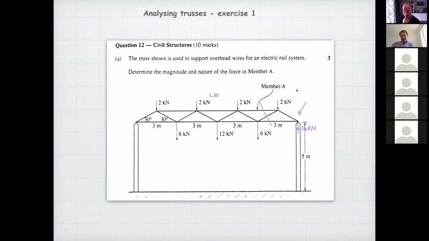So if I take moments about this point here, I know that the sum of moments about that point equals 0, but it's going to do us no good because we're going to end up with 3 unknowns in the equation, because I always say that they're in tension. So I'll just show that going there, that going there, that going there, and I put a question mark there, question mark there, because I'm just guessing that it's in tension.